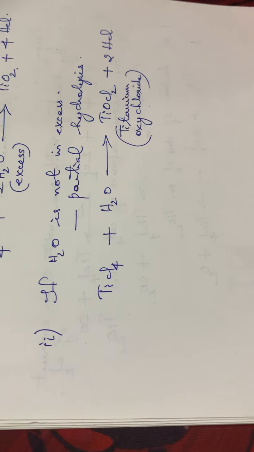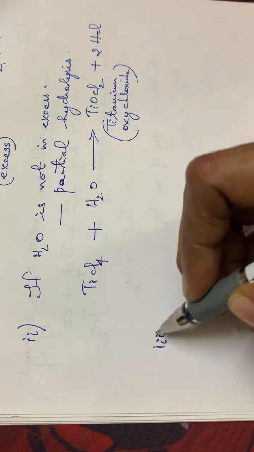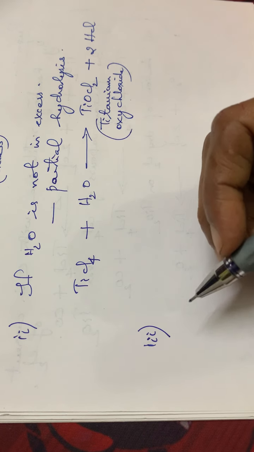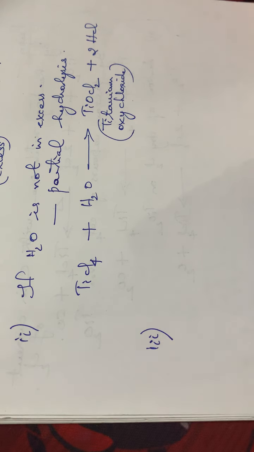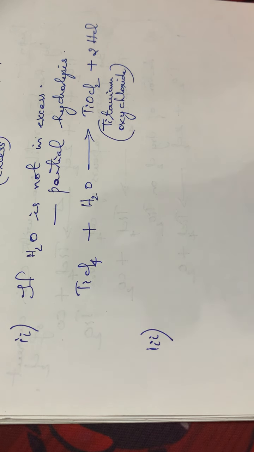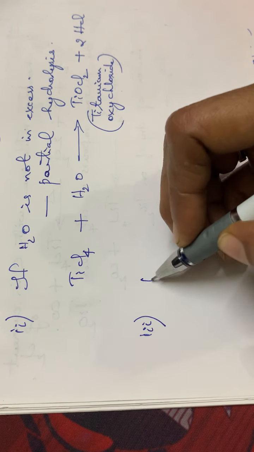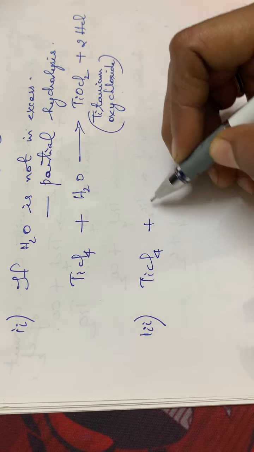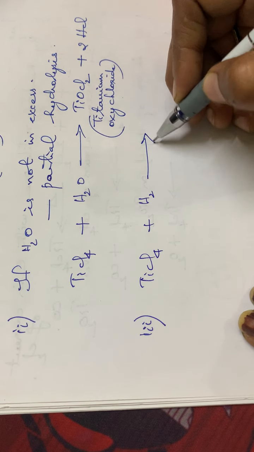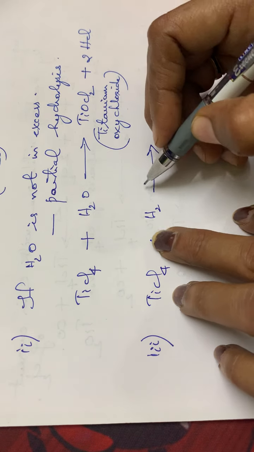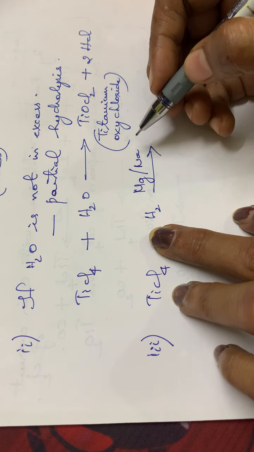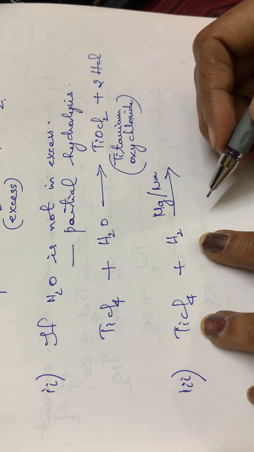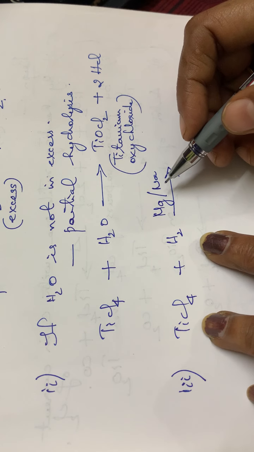Then the next reaction, the third reaction: titanium tetrachloride can be reduced using any strong reducing agents. So it can be reduced to its corresponding lower chloride. On reduction, we can use metals like magnesium, or sodium hydride, any reducing agent.